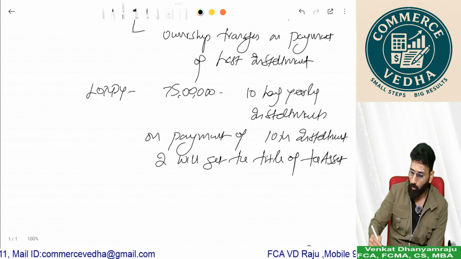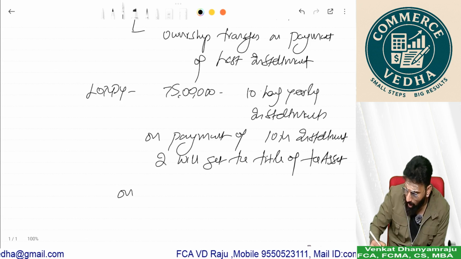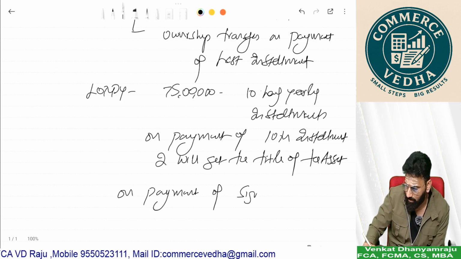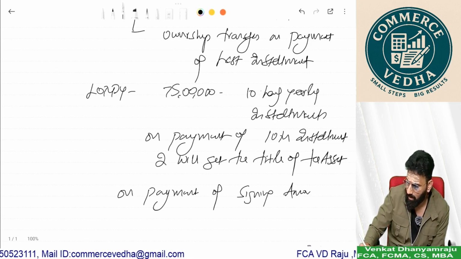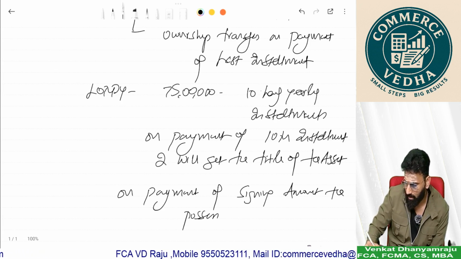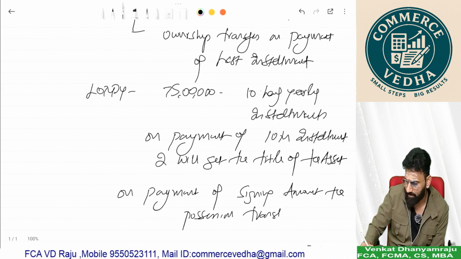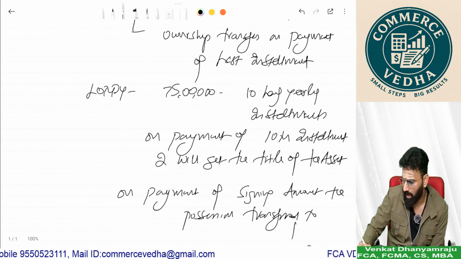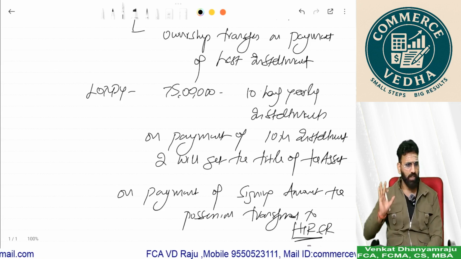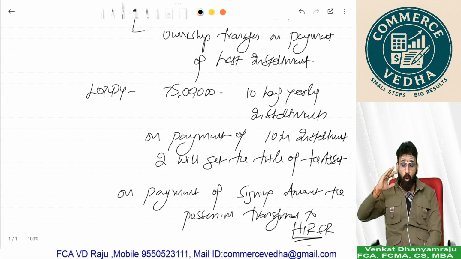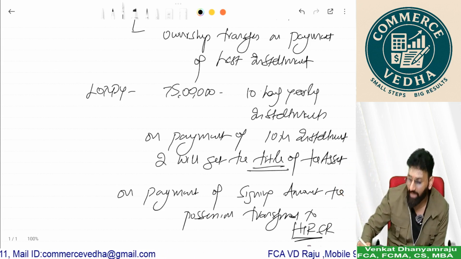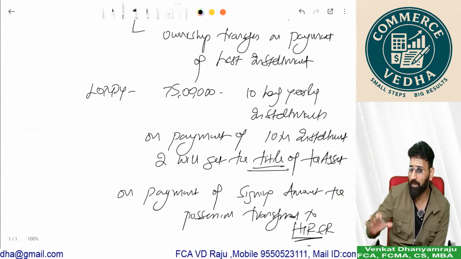But what happens on payment of signing amount? The possession is transferred to hirer. Possession will be immediately on payment of signing amount, but only after payment of the final installment the ownership or the title gets transferred. It means what?